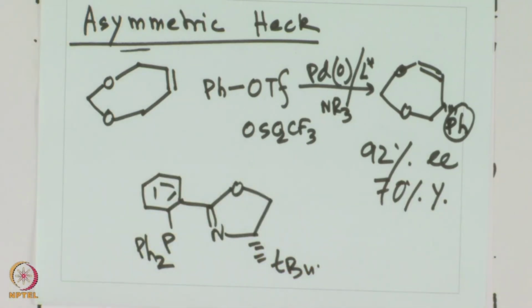In this reaction, we have started with a cyclic internal olefin. There is an alpha carbon with respect to the olefin, which has a CH2 unit.